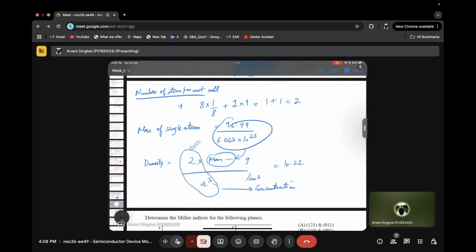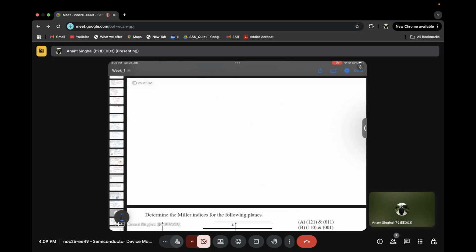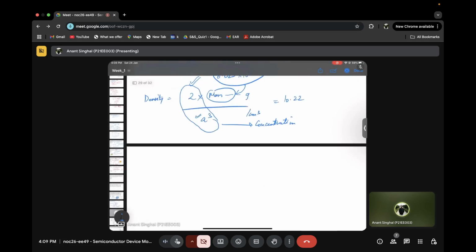So from this you can easily find a first, then R, and then concentration. Let me find it using some calculations. So 2 by a cube will be 10.22 by 95.94 times 6.023.